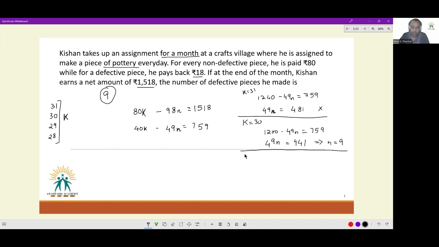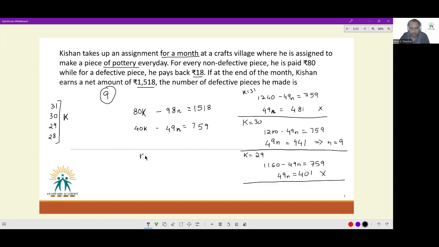But because this is an explanation video, we will check the other cases also. When k is 29, we will have 1160 minus 49n is equal to 759, which gives us 49n is equal to 401. Not an integral result.